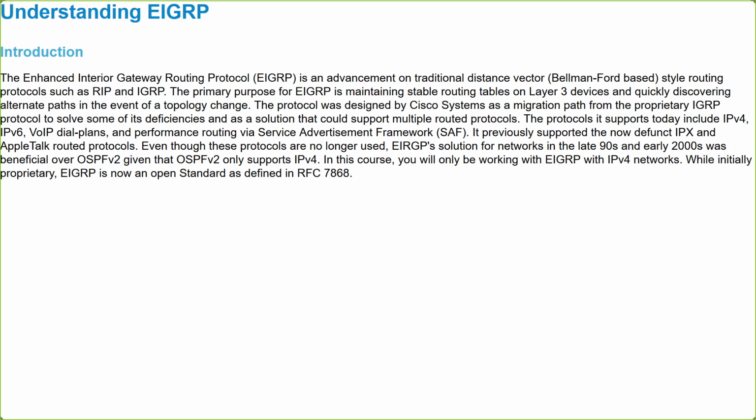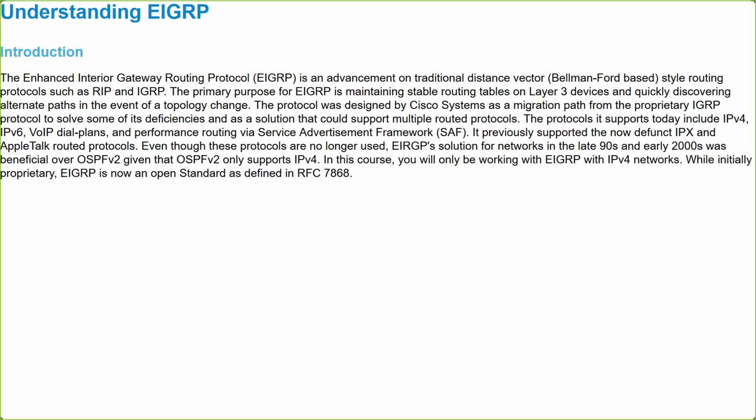But IGRP had some serious limitations that made it a protocol that wasn't used too much beyond its years in the beginning. The biggest limitation of IGRP was the fact that it was a classful routing protocol, meaning that it did not do subnetting, it didn't do variable length subnet masks, it didn't support summarization, all of the modern things that we need for routing protocols today.